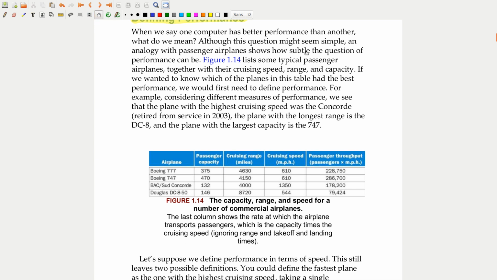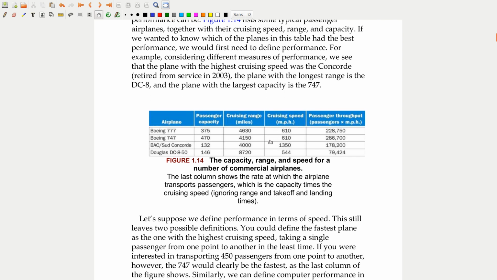Although the question might seem simple, an analogy with passenger airplanes shows how subtle the question of performance can be. So here's a figure, and let's see if we can just look at the figure and figure this out. We have 4 different planes. We've got a Douglas DC-850, a Concorde, a 747, and a 777.